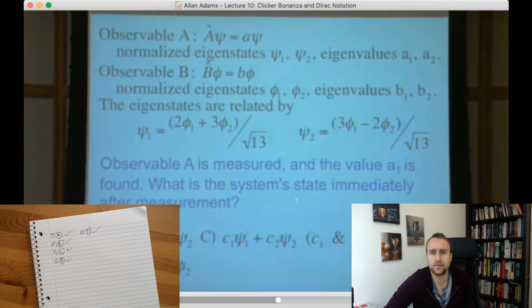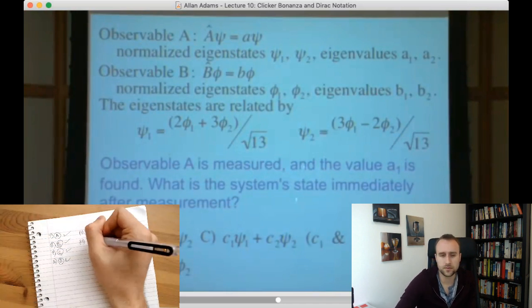The phi's are for observable B. Observable A is measured, and the value A1 is found. What is the state immediately after measurement?